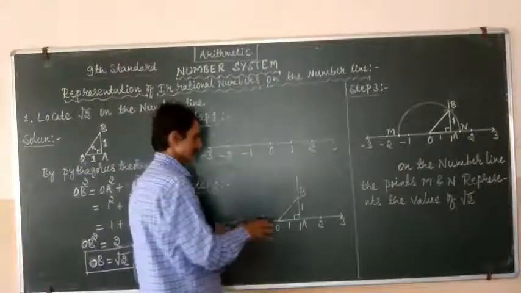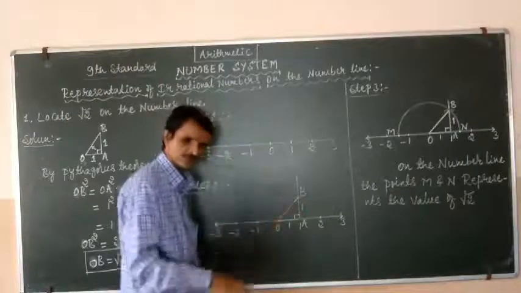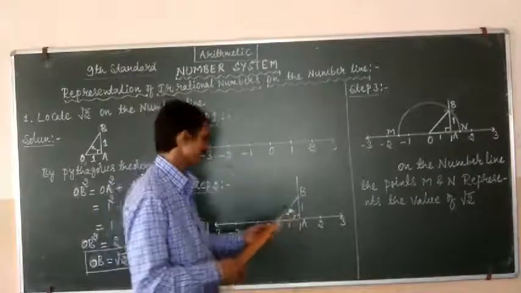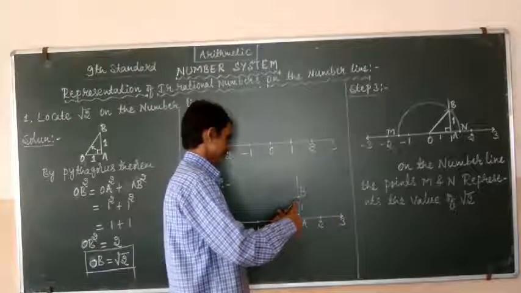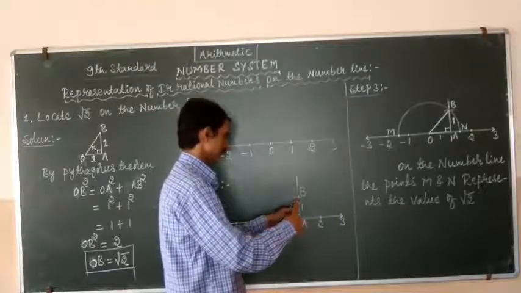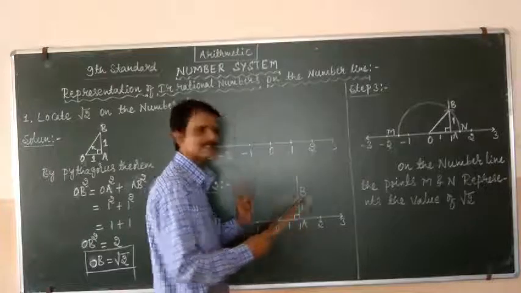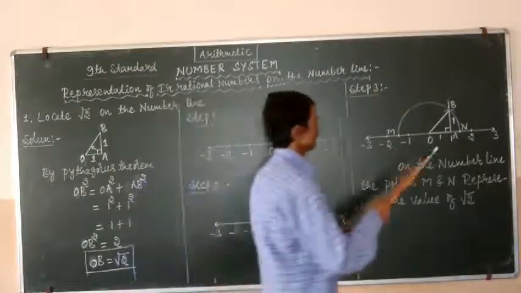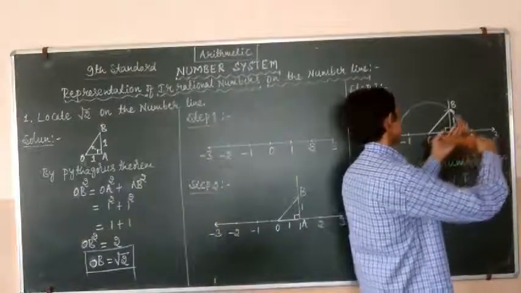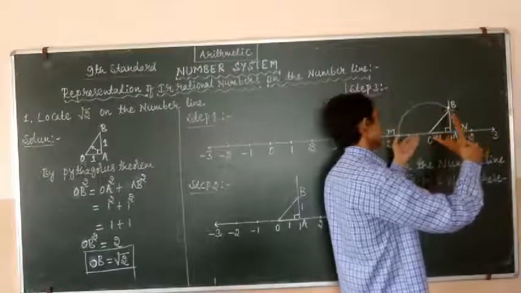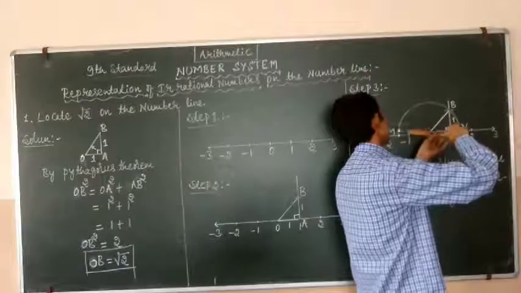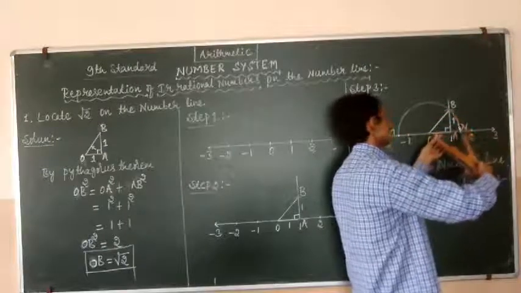After that, take the measurement of OB, the length of OB, with O as the center, and draw the semicircle.